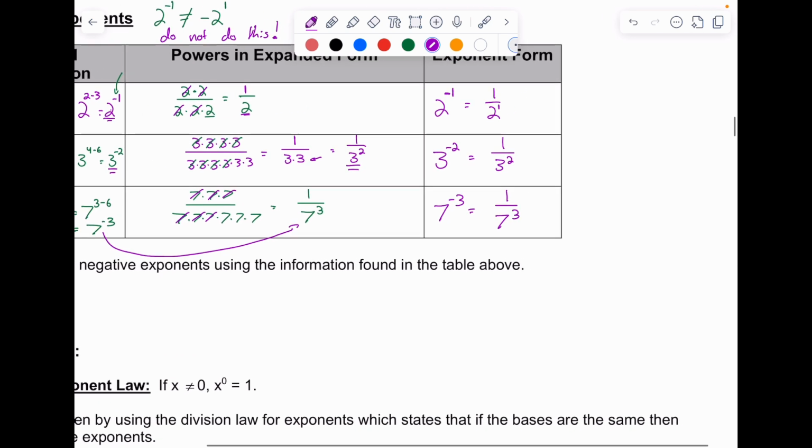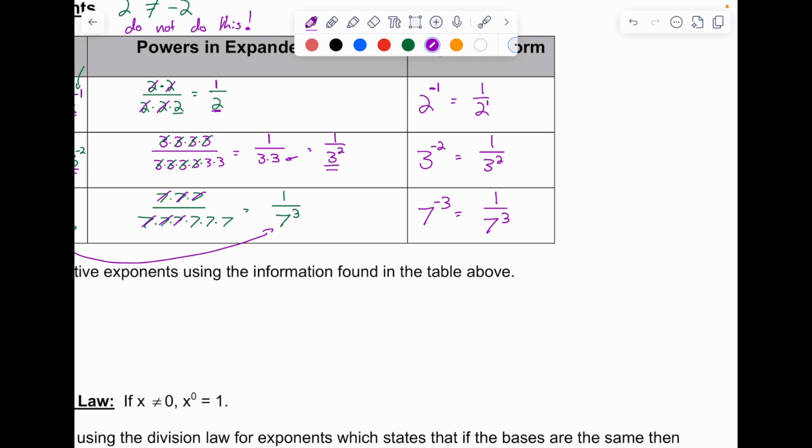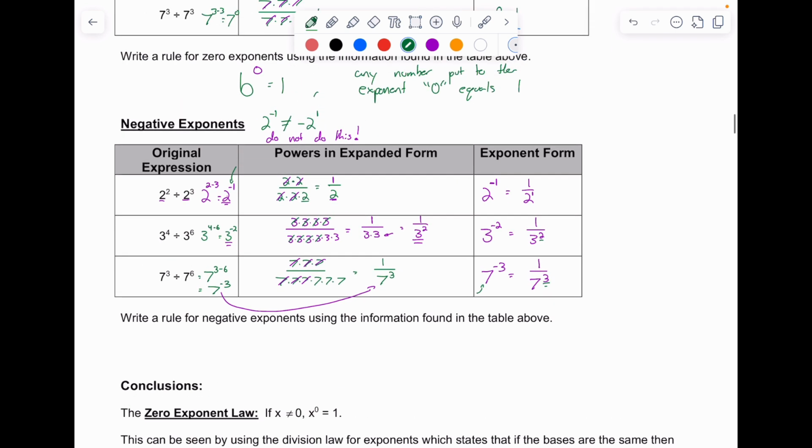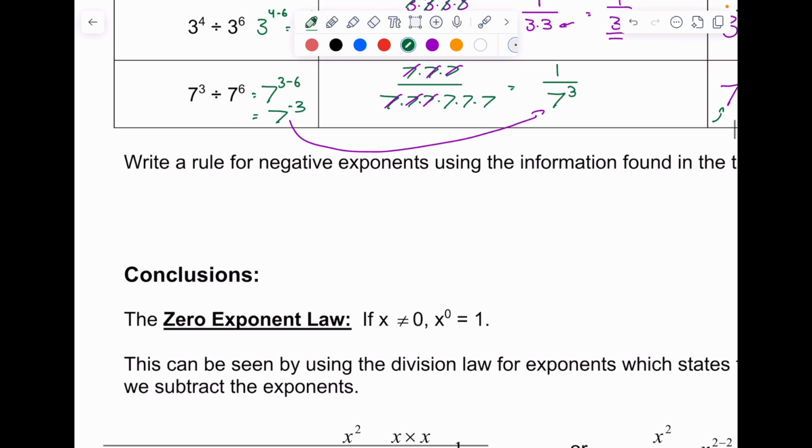So notice that the negative exponent is causing you to take whatever your base is and just write it as 1 over that. But then you keep the same number, okay? So if I have a general rule, using kind of the same concept we wrote above, if I have some number, base, put to the exponent of negative n, well, that is the same thing as me saying 1 over the base put to the n.